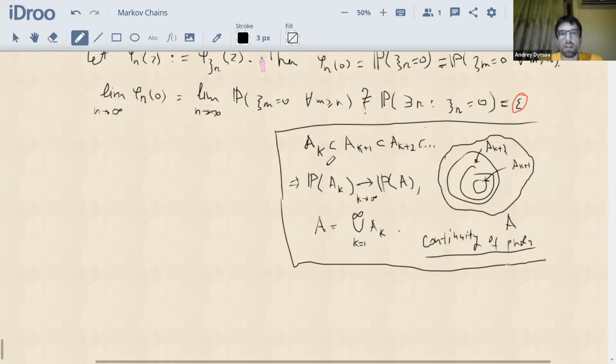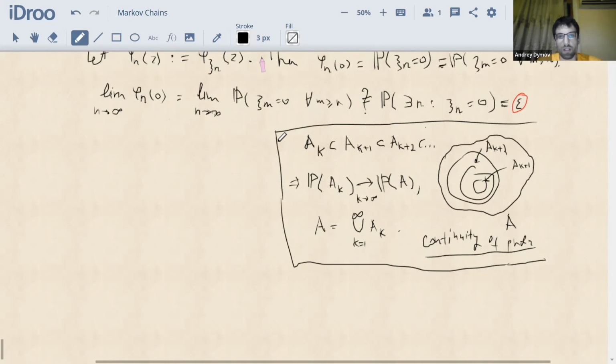Когда мы хотим устремлять n к бесконечности, то есть время к бесконечности в нашей марковской цепи, нам уже не обойтись вероятностным пространством с не более чем счетным числом элементарных событий, потому что число последовательностей, состоящих из ноликов и единичек, уже континуально. Поэтому даже для марковской цепи, у которой всего два состояния, если вы хотите рассматривать цепь на бесконечном времени, множество элементарных событий вынуждено быть континуальным. Ну и вот появляются такие эффекты.